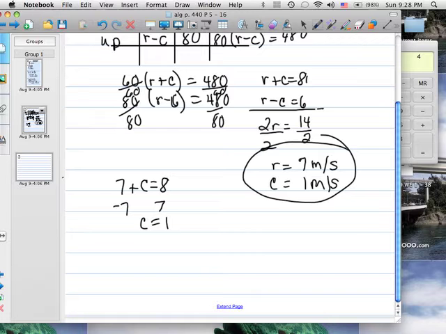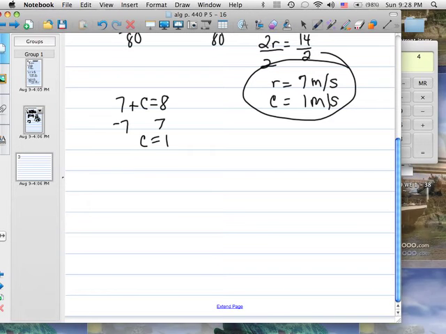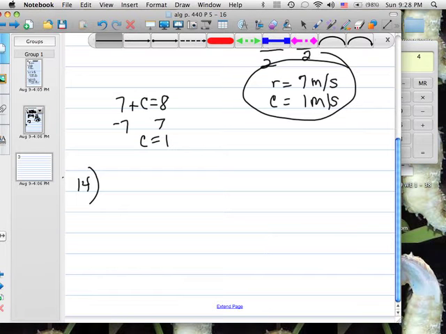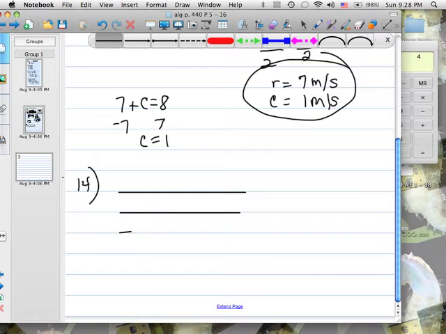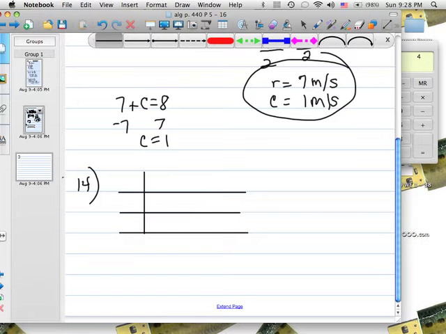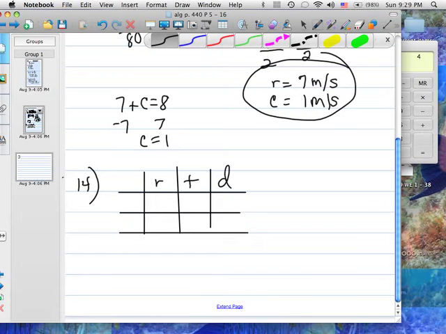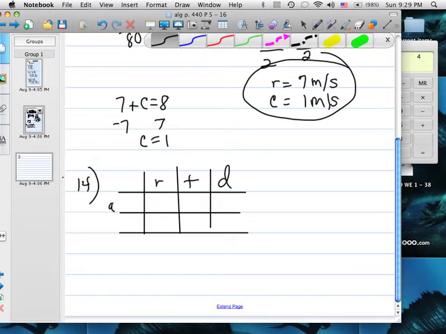Okay, problem number 14. We're still doing a distance problem, so we'll set up our chart again. So we have rate, time, and distance. 14 says it takes an airplane 1 hour and 30 minutes to fly 600 kilometers against the wind.